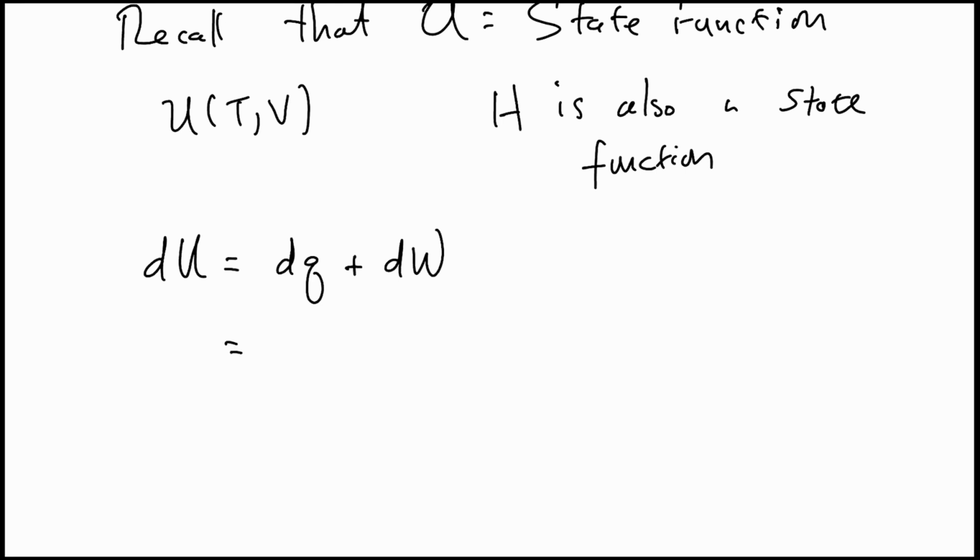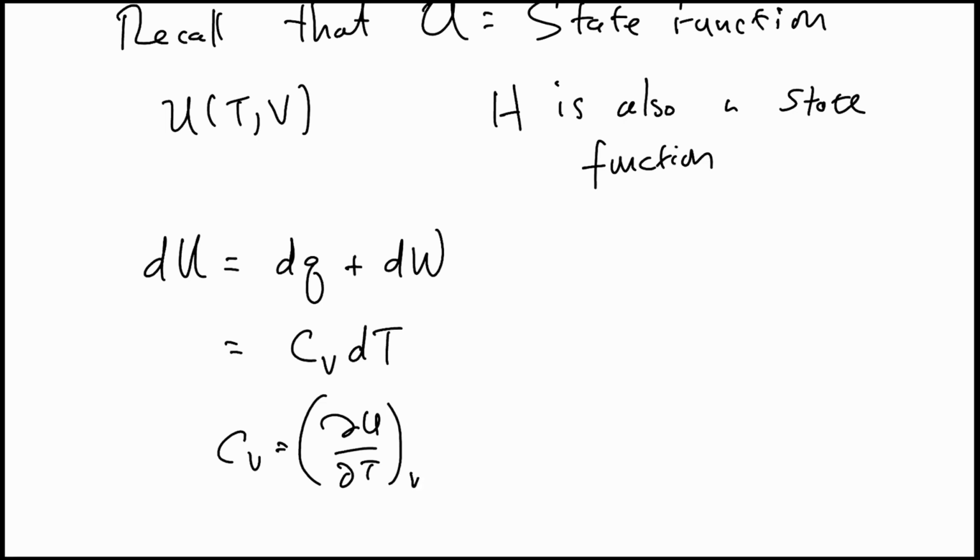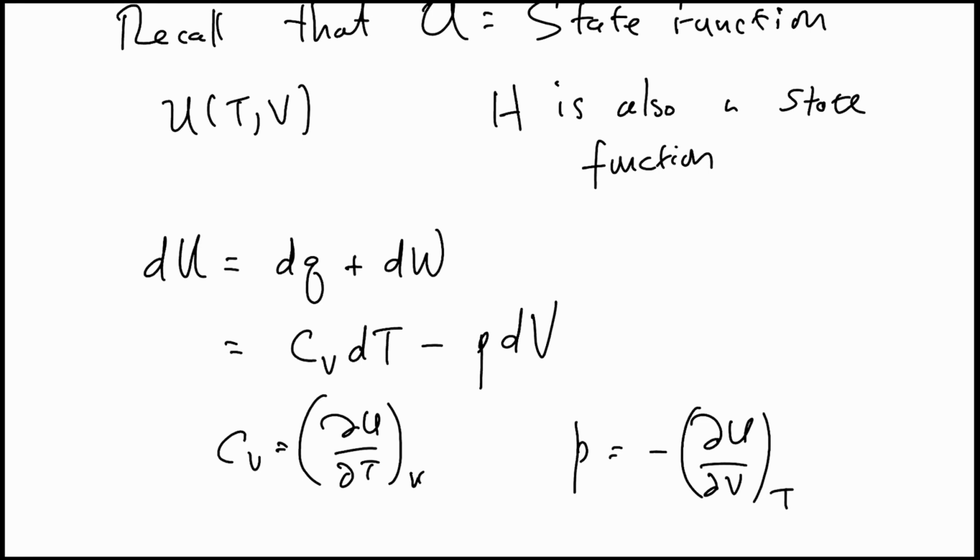And we saw last time we could write, remember this C sub V is partial U, partial T at constant V. Then we have a minus P dV, and then that P actually, just to make the mathematicians happy, is also the partial derivative of U with respect to V at constant T. So if U is a function of T and V, and I take its total differential dU, then I get partial U, partial T at constant V dT plus partial U, partial V at constant T dV, and so it gives me that differential statement.